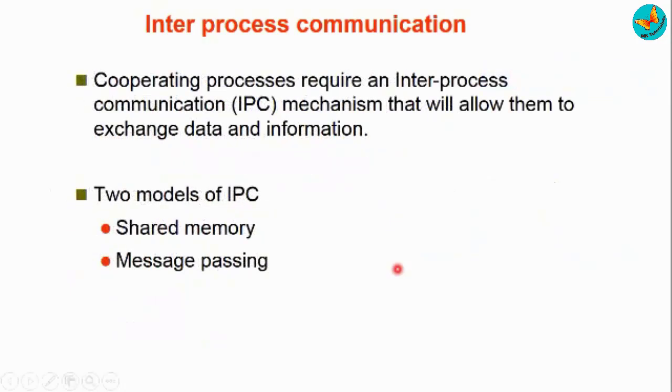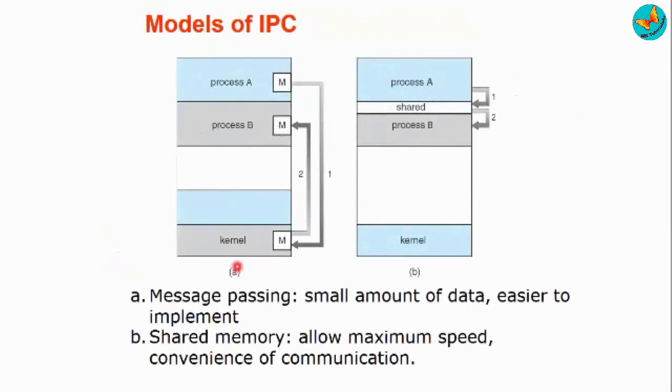After this, the inter-process communication mechanism has to exchange data and information. So there are two models of IPC. What is the first model? Shared memory model, and second is message passing. If you recall, in message passing, we have seen that the kernel is involved.